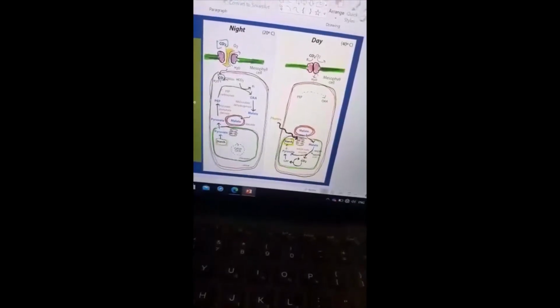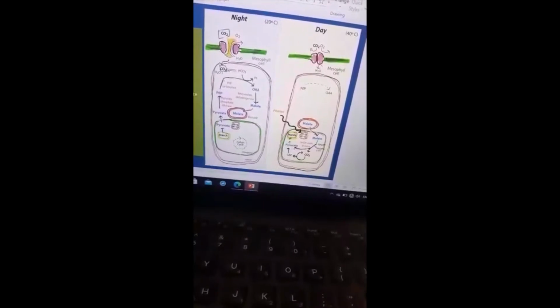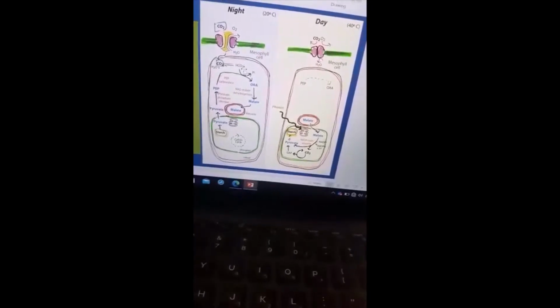So, in the CAM pathway, when carbon dioxide gets into the leaf, it is converted into bicarbonate, as you can see here. This is also the situation in the C4 photosynthetic pathway.